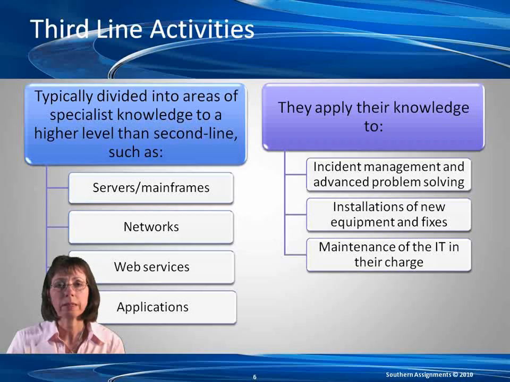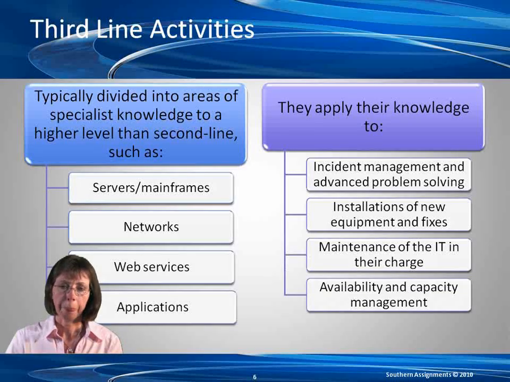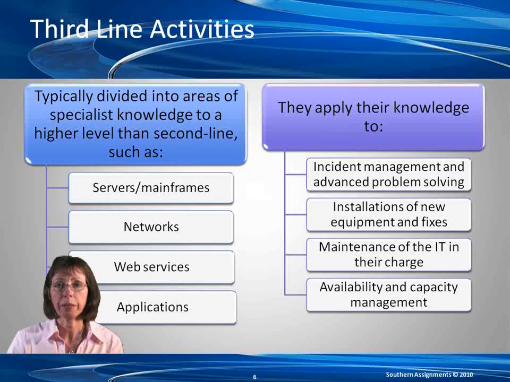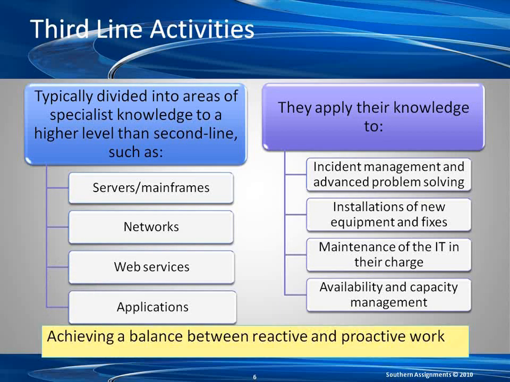Maintenance of all the IT in the infrastructure that's within their remit to do so, such as we've seen on this list. They'd also be expected to be understanding the availability of the different components from that list and manage the capacity of those components as well, so that everything's working to best effect for performance.